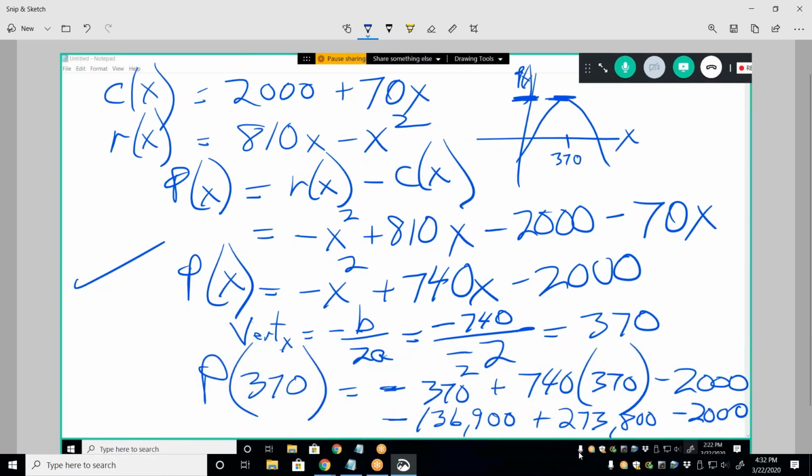So it looks like, could they waste any more of your time making you do these ridiculous high number calculations? Go ahead and take 273,800 minus 136,900. What's that? 136,900.